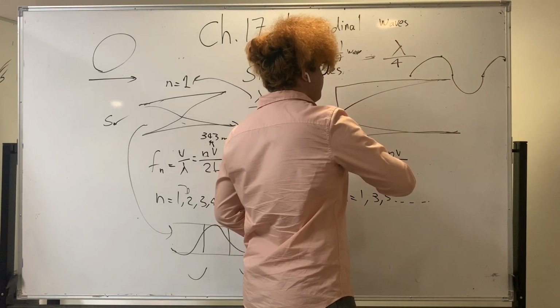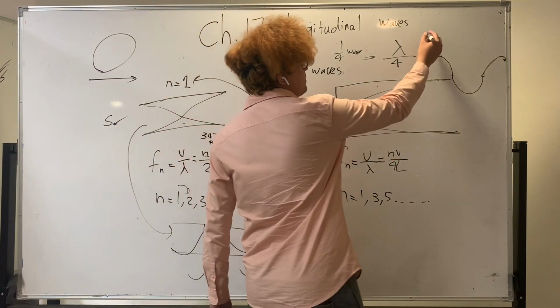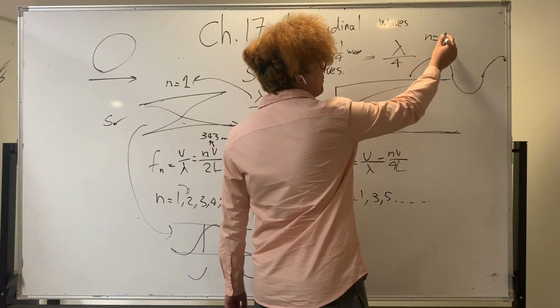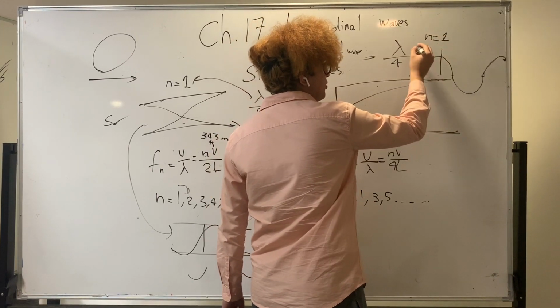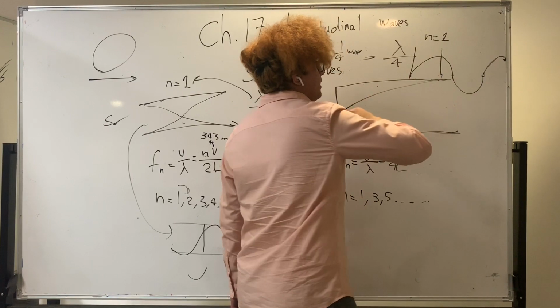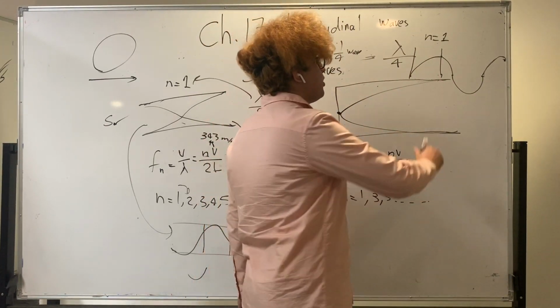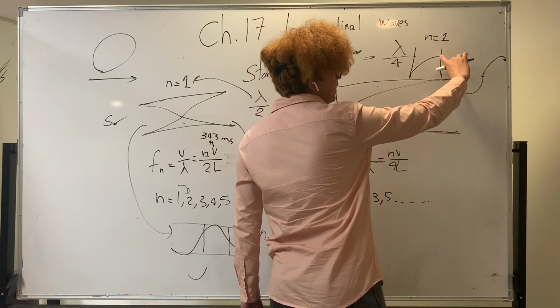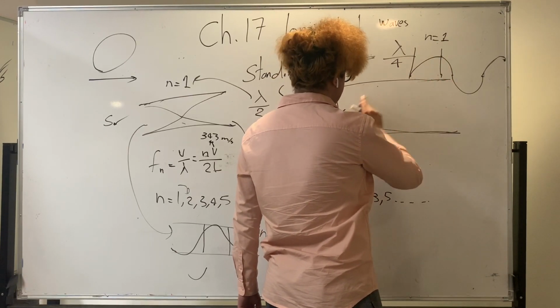So in a pipe that is closed at one end, when n is equal to 1, then we're going to have this part only. And if we're going to go to the next harmonic, we cannot add only 1/4 of the wave, because that is going to be something like this.